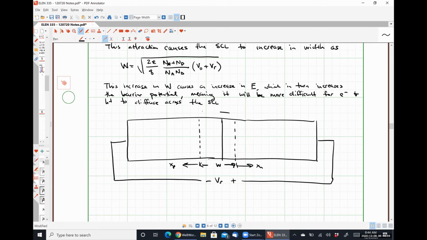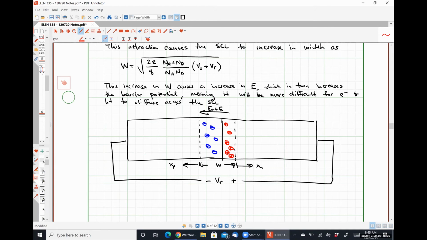We have a large field oriented from the stored charge. We get more charge, these should all be positive. And our carrier concentrations are going to look like this.